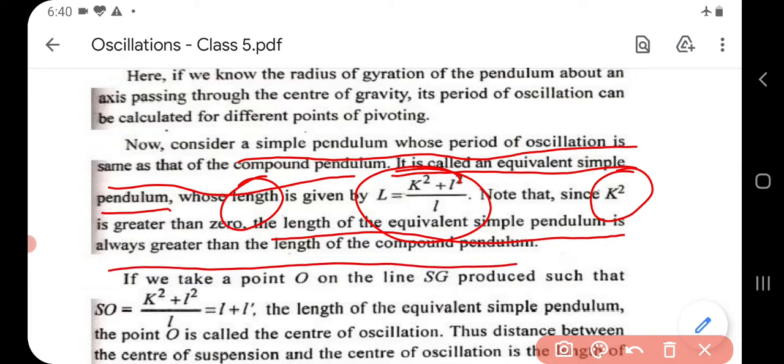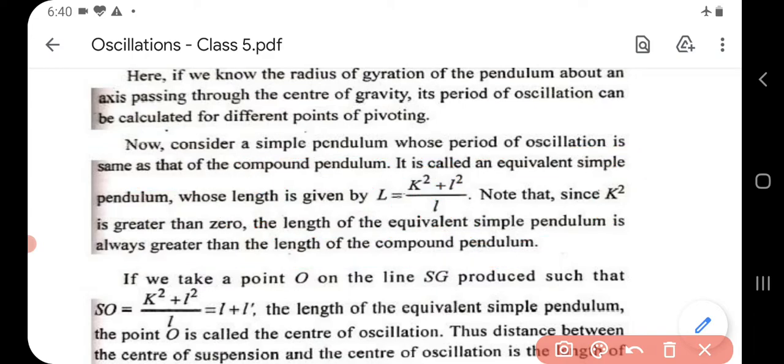Because in the case of an equivalent simple pendulum, the length is given by this. Here capital L is the length of the equivalent simple pendulum and small l is the length of the compound pendulum. Since k square is always greater than 0, capital L will always be greater than small l. Okay.